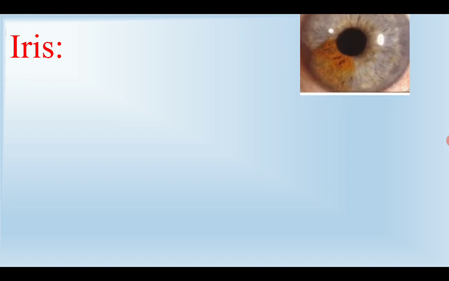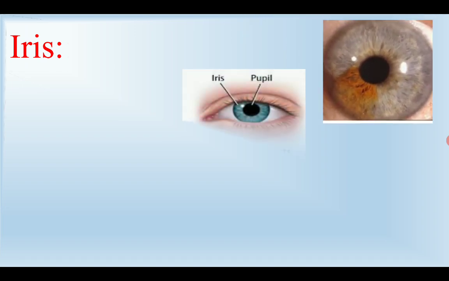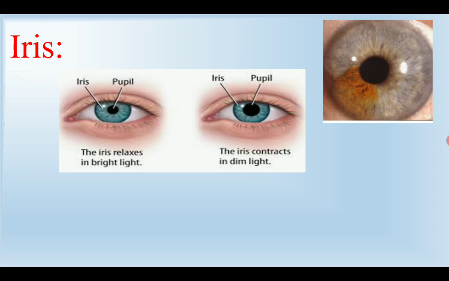After this aqueous humor, there is the iris in our eye, and this iris is basically responsible for the color of the eye. Now look at the two pictures we have. In these two pictures, the color of the eye is different. One is bluish gray, another one is gray. So different people have different eye colors, and that eye color is because of this iris.